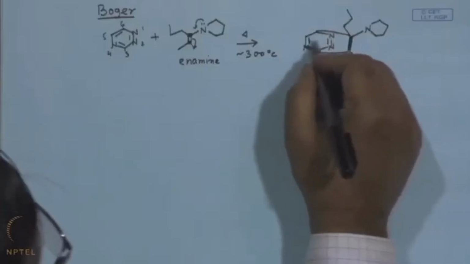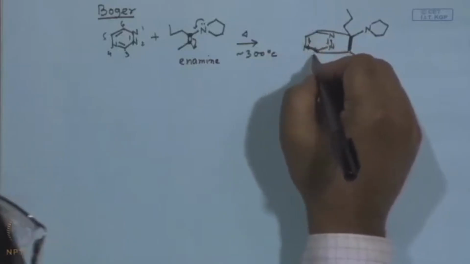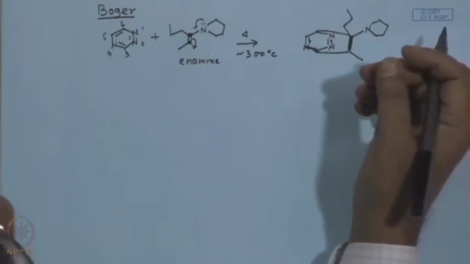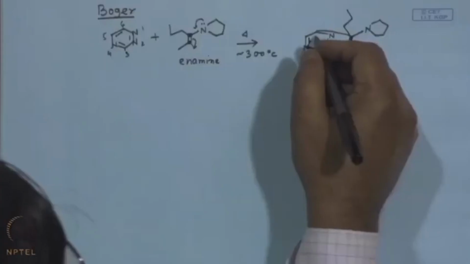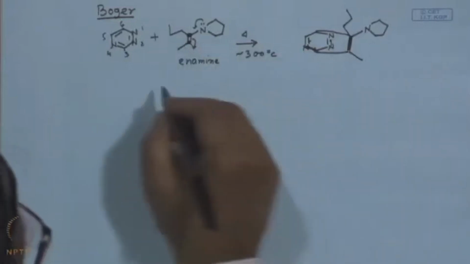And what next? So, now you have to look first of all, yes. Is it satisfying? Yes. If there are 2 double bonds within the 6 member ring, there are 2 ways to do retro Diels-Alder, this way and the nitrogen side. Nitrogen is very obvious. Why? The nitrogen triple bond energy is very high. Otherwise, if the reaction takes place the other way, it will go back to the starting material.